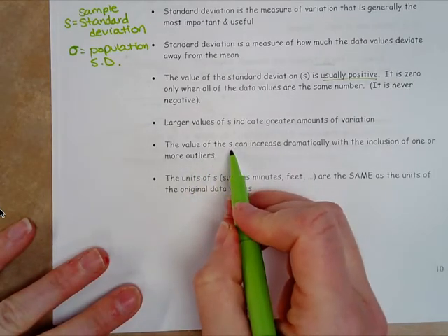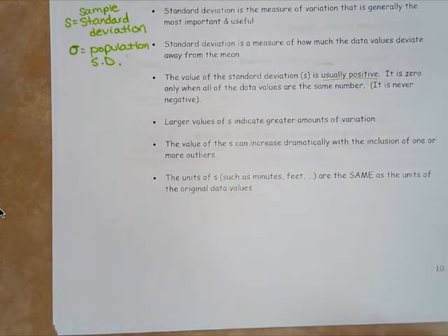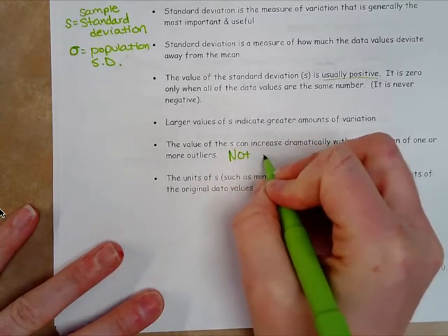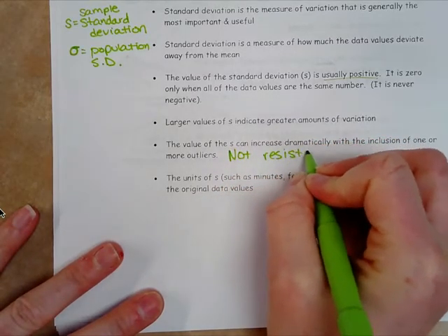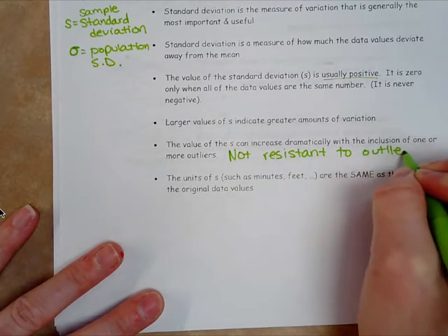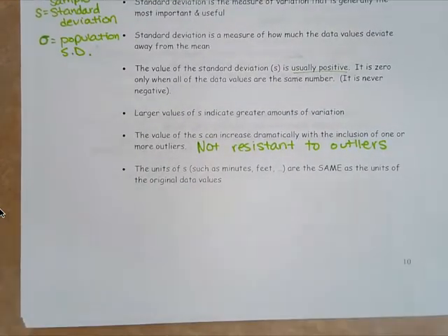The standard deviation can dramatically change with outliers. So remember that word resistant. This is not resistant to outliers. Outliers greatly affect your standard deviation.